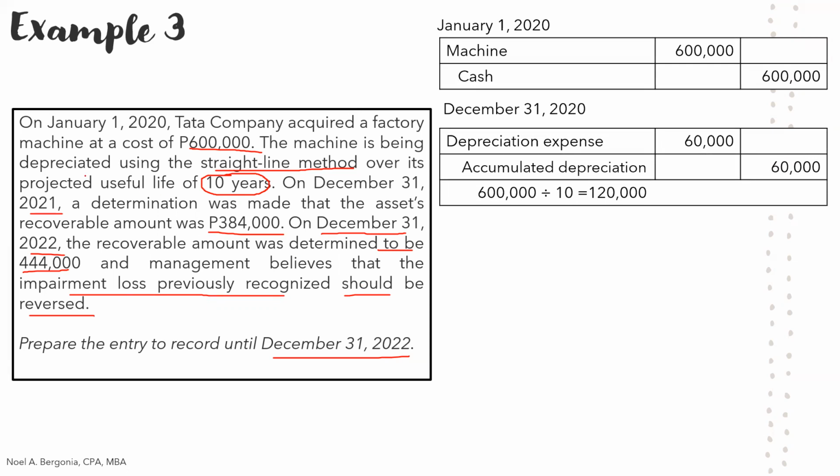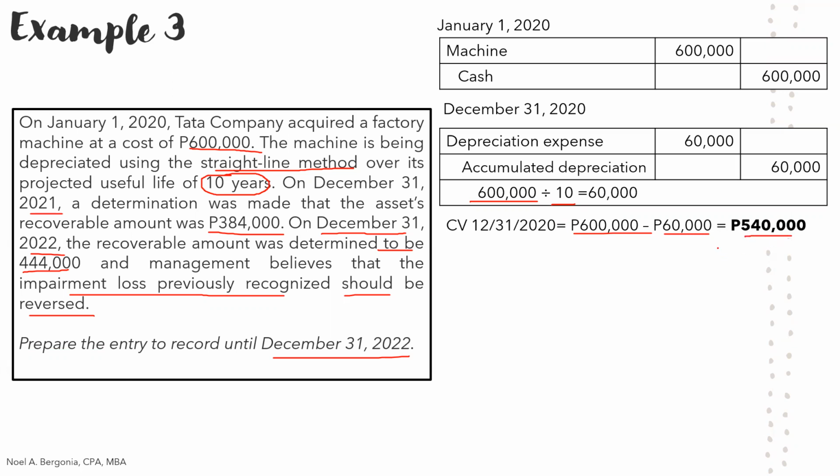From our asset cost of 600,000 divided by the 10-year useful life, that would be 60,000. Next, we need to determine the carrying value at the end of 2020. So of course, it's the 600,000 cost minus the 60,000 accumulated depreciation.